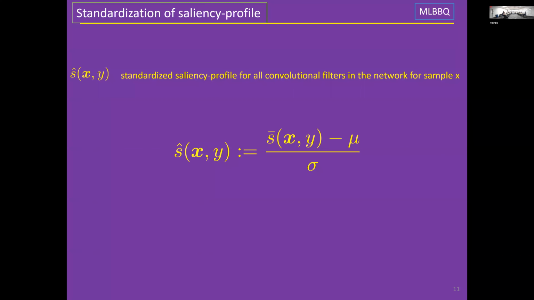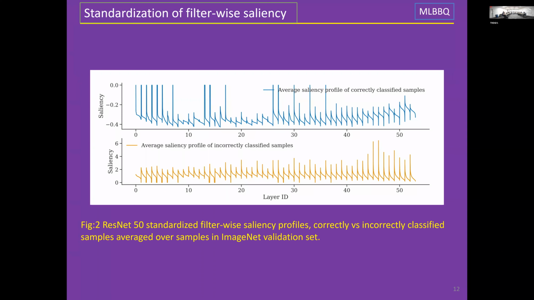Okay, so they did some standardization on the saliency profile. Let's name it the standardized saliency profile. Here they show that for the same network, the filter-wise saliency profiles have been standardized, and they separately show the average saliency profile for correctly predicted samples and incorrectly classified samples.